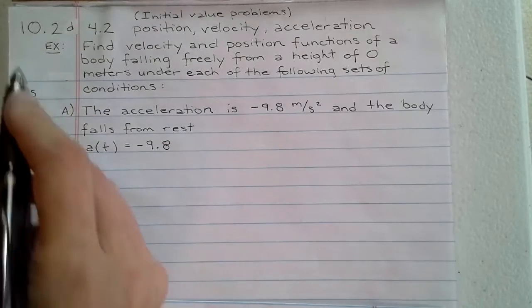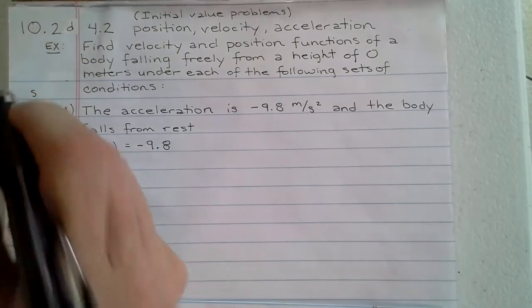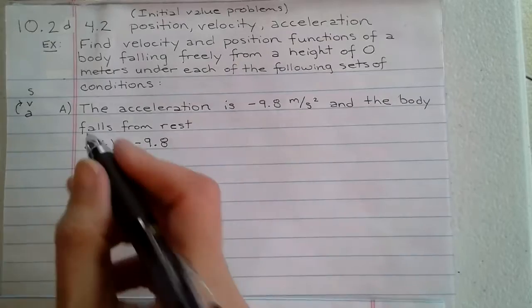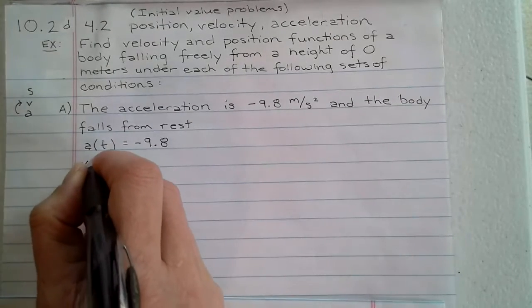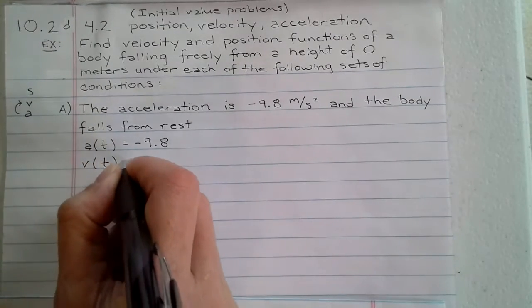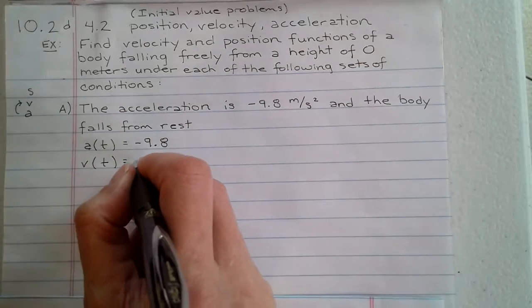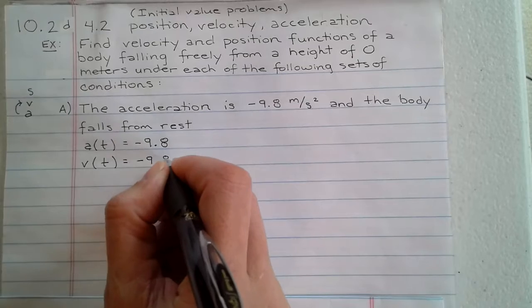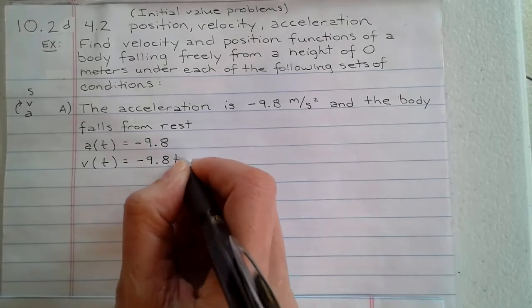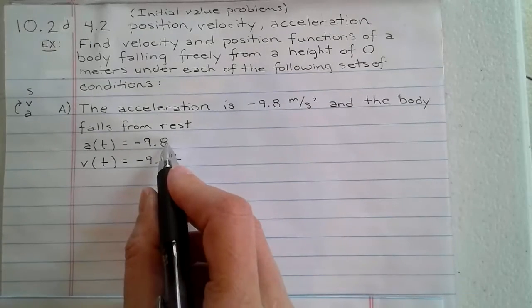So if we want to go from acceleration back up, that's an antiderivative. So take a minute, pause me, and think about what this could possibly be. I'm getting negative 1.8 t because the derivative of this takes us back to acceleration.